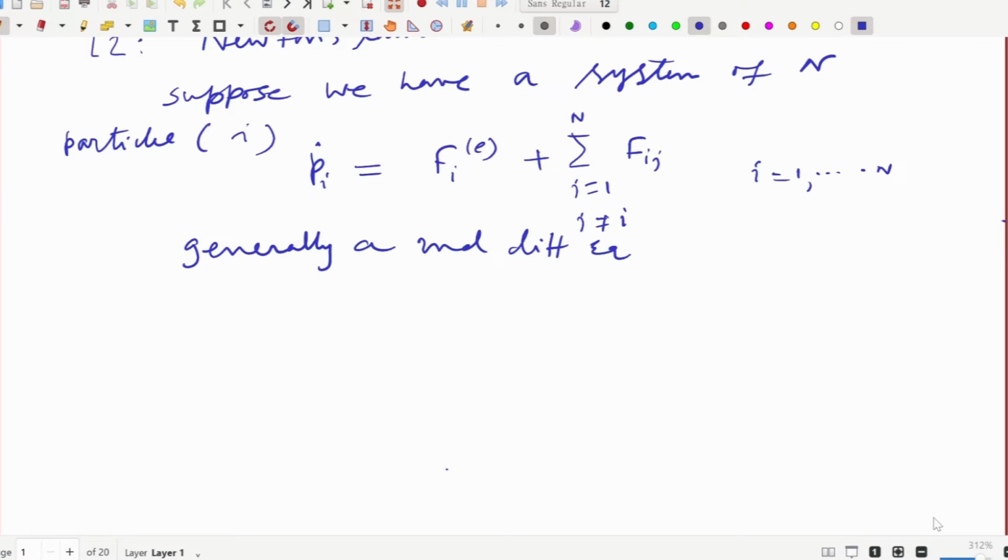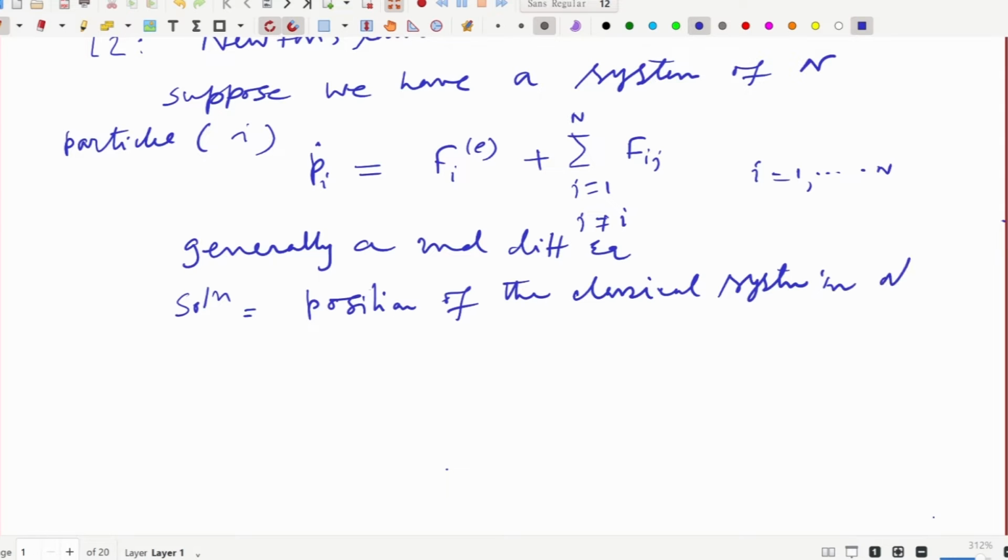If you can solve them analytically, then it's fine, otherwise you can take help of a computer to find the solution, and the solution will give you the position of the classical system for all time. So, this is the main purpose for a classical system, that you should know the position and how it changes with time. So, you can solve this by using Newton's law.